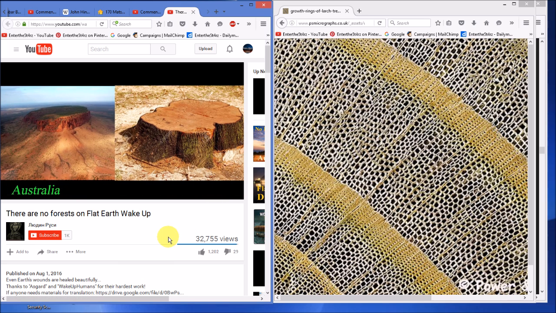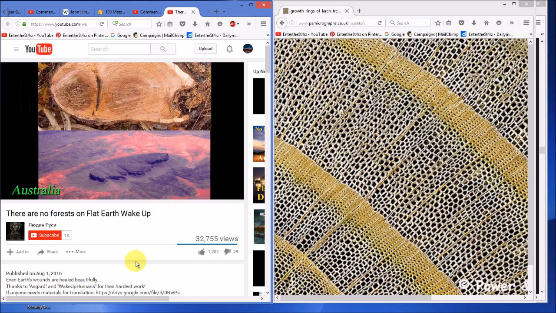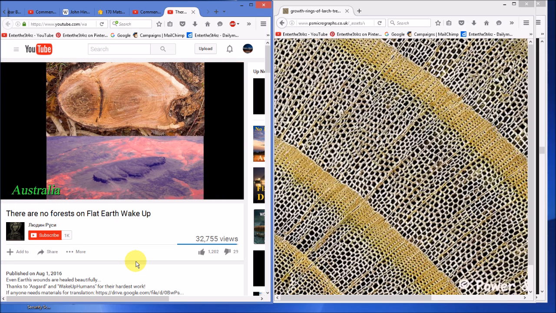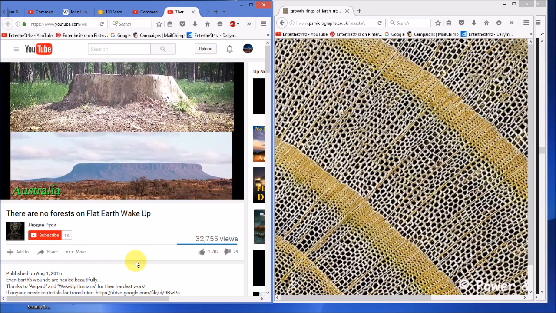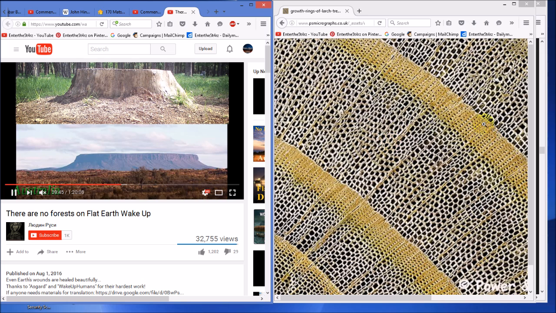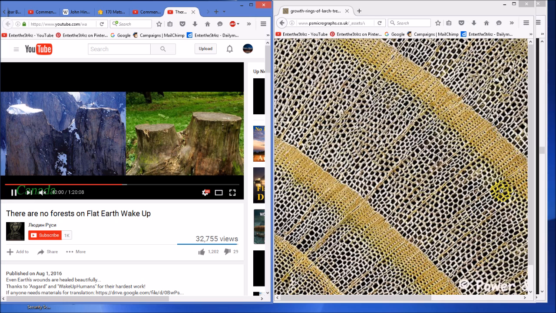And here we see the side-by-side that this YouTuber puts together for us that so effectively shows that these, in fact, do look like tree stumps. And on your right, you're looking at the rings of certain trees that seem to resemble the honeycomb matrix that we've been talking about.